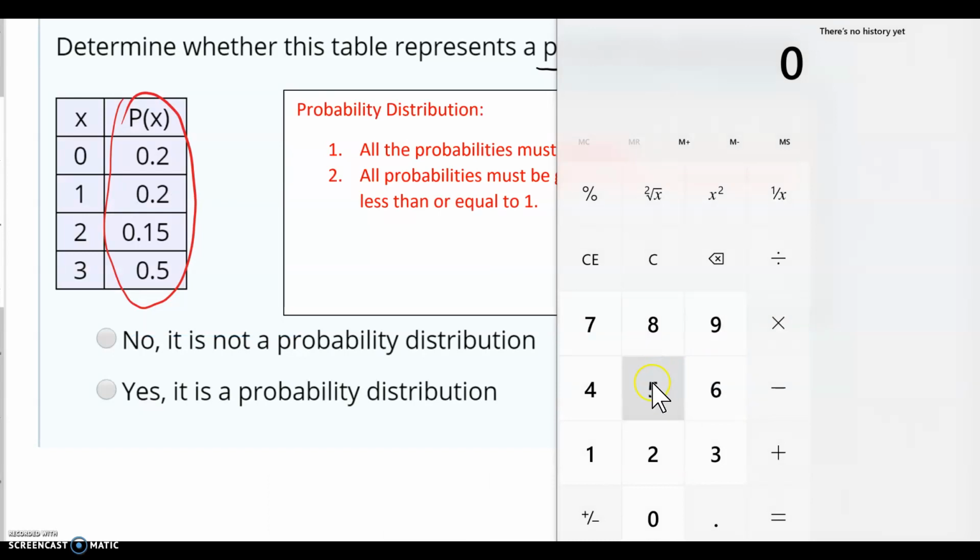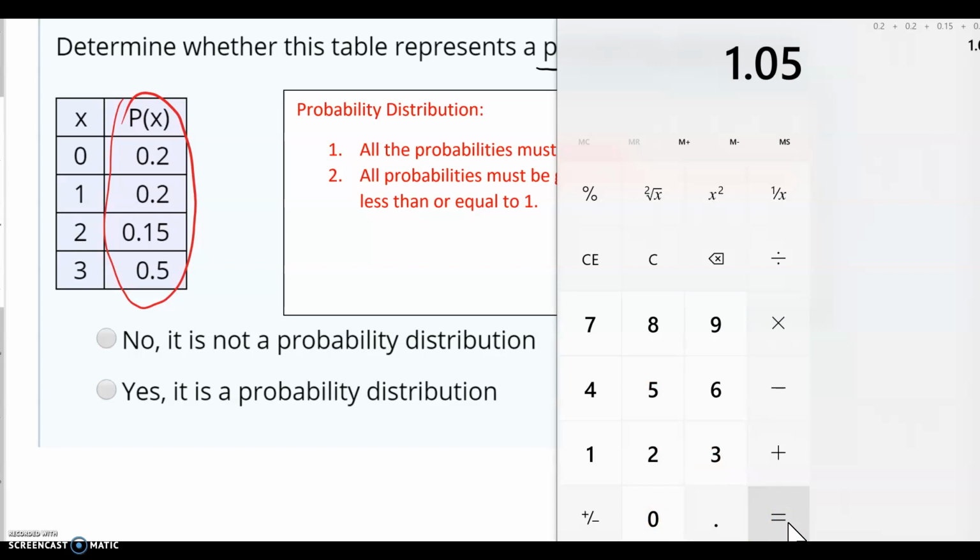Okay, so let's type these numbers in. 0.2 plus 0.2 plus 0.15 plus 0.5 equals.